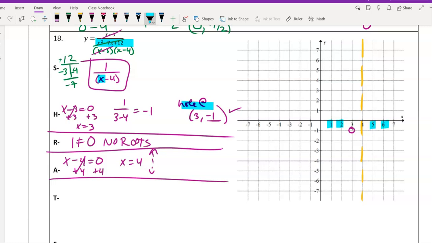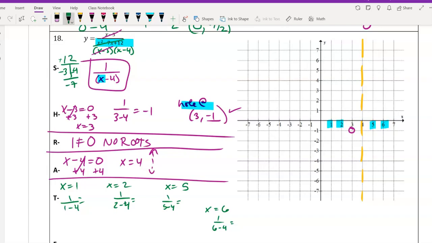We're going to do 1 and 2, and 5 and 6. So our first one is x equals 1, x equals 2, x equals 5, and 6. So plugging that in, we have 1 over 1 minus 4, 1 over 2 minus 4, 1 over 5 minus 4, and 1 over 6 minus 4.